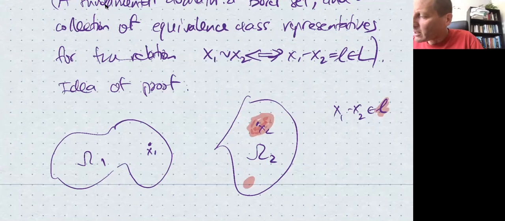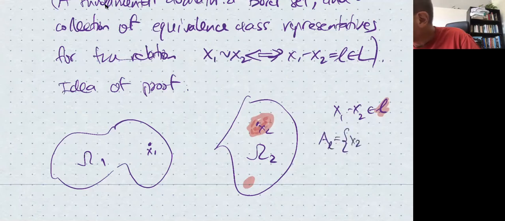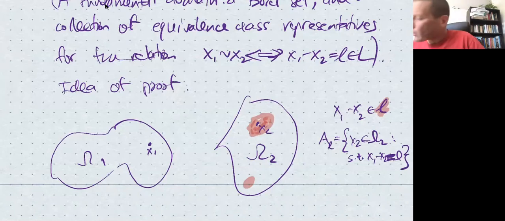So what we called A_L was all the x2 in omega 2 such that x1 minus x2 is equal to L. This is well defined because for every x2, there's a unique x1 here, and then the difference is a well-defined function of x2.